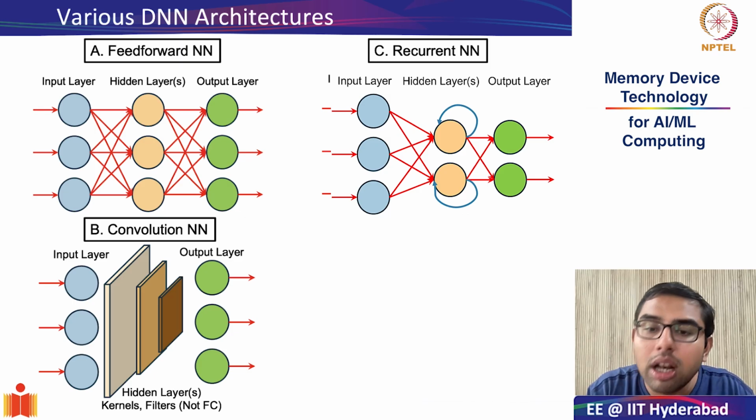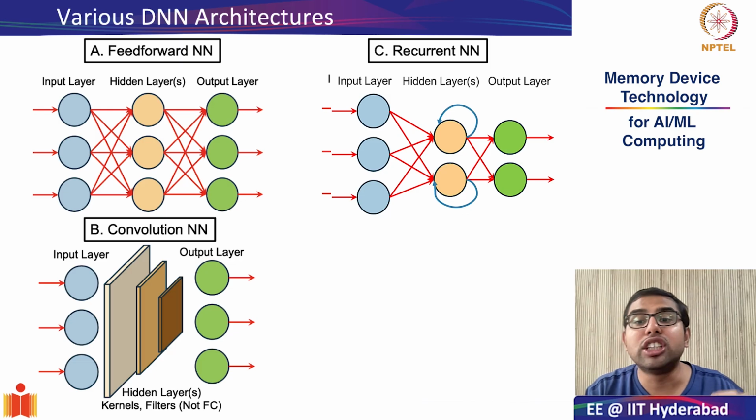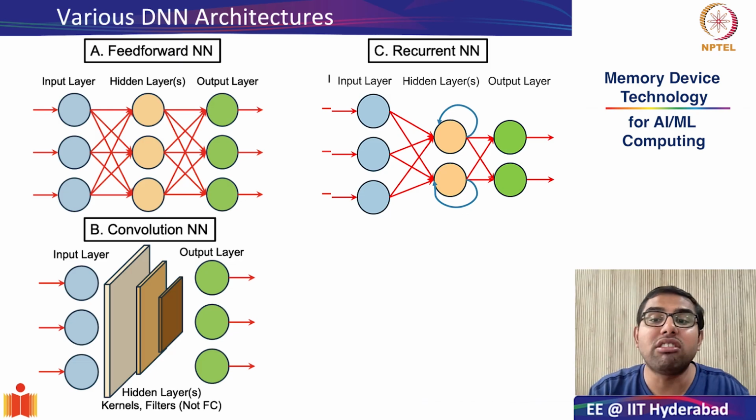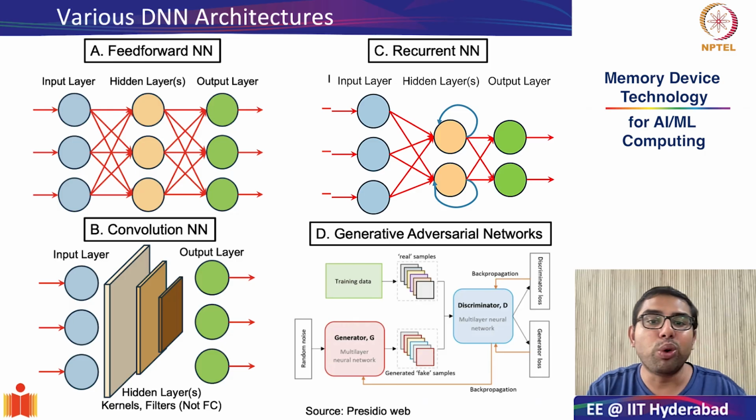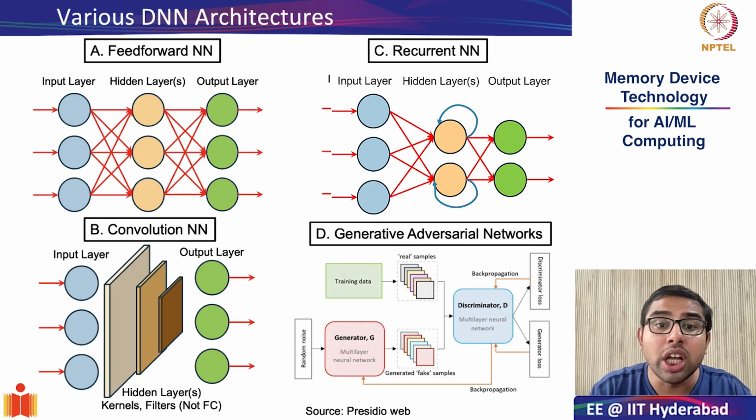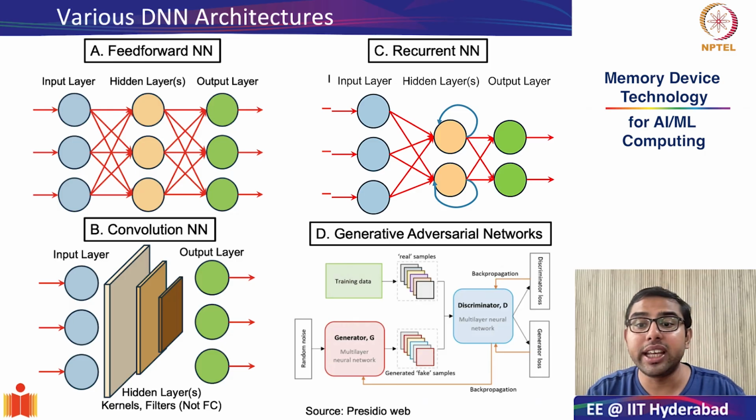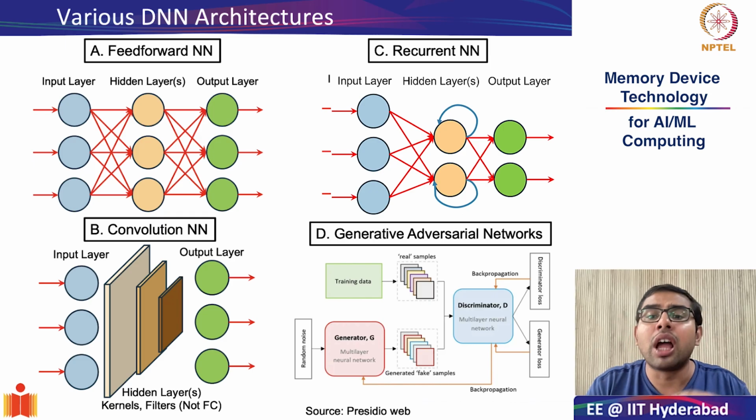And these are still very widely used in speech recognition, in machine translation, and time series prediction. The next neural network we will talk about is generative adversarial networks, which not only recognize data or do classification, but they actually create the data also.